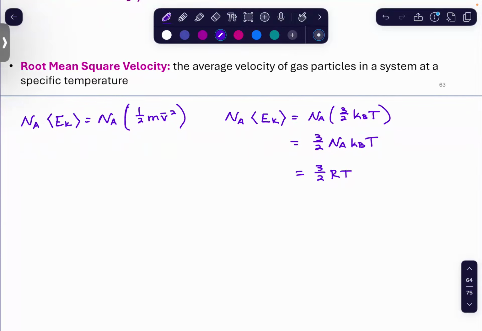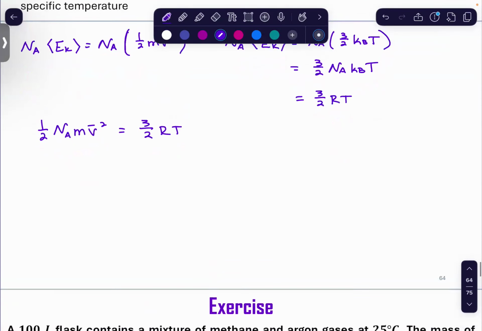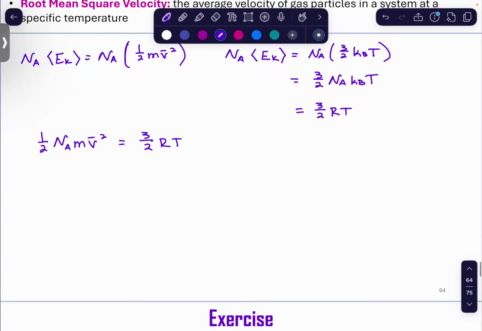Okay, so these are both kinetic energy, so they've got to be equal to each other. 1/2 Avogadro's number, mass, velocity squared equals 3/2 RT. We're going to get rid of the 1/2 and the 3/2 by multiplying through by 2.